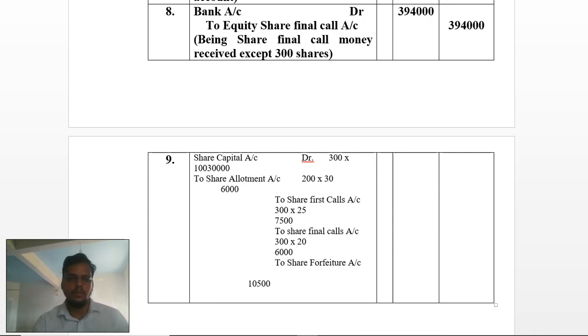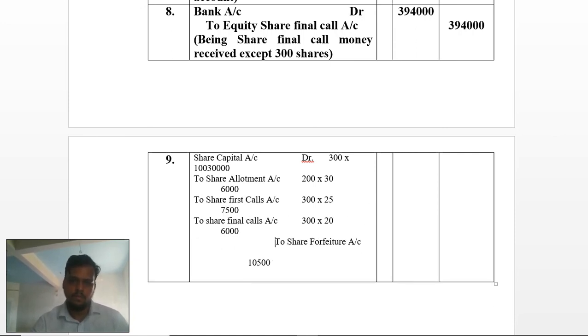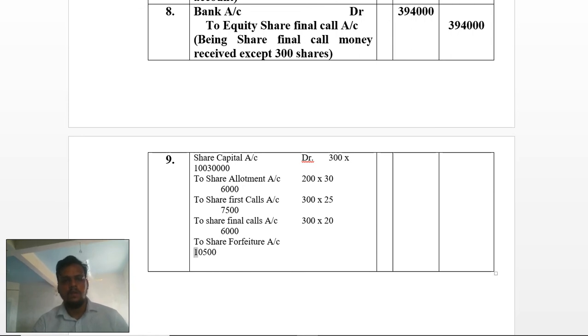Just be careful with these terms. I'll start writing the amounts and later on I'll cancel everything. First 30,000 we have to receive, then 6,000, then 7,500, then 6,000, then 10,500.